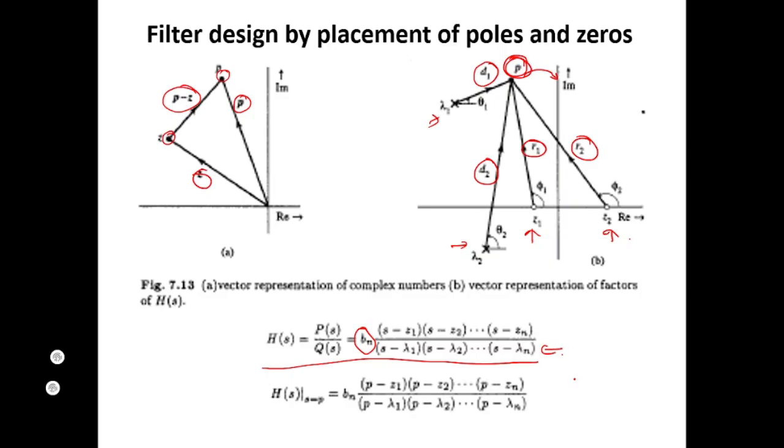Now, we know that on this S plane we are talking about the point P, which will be varying on the imaginary axis. So if we replace s equals to P, then we get P minus Z1, where P is a point on the S plane.